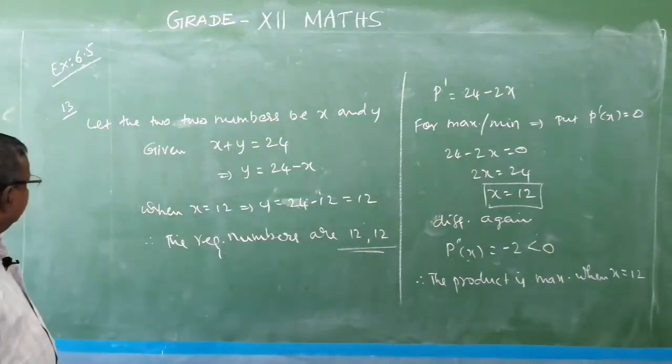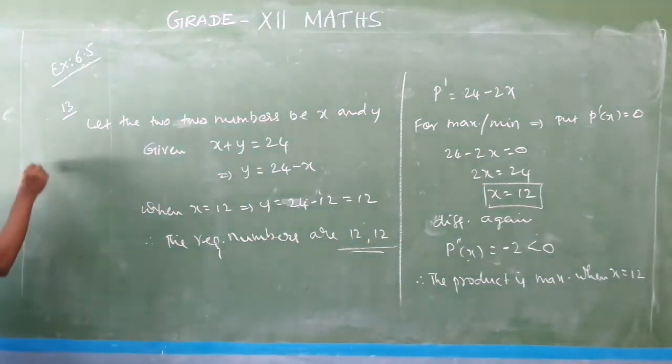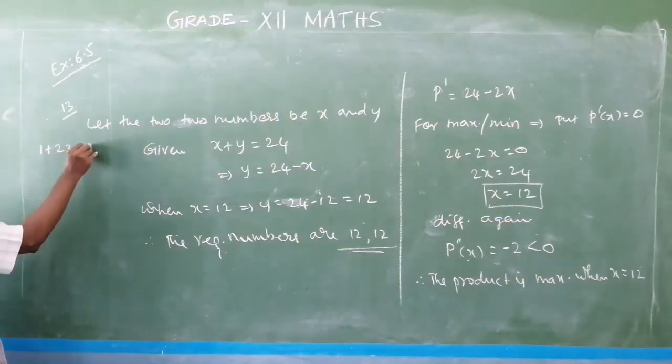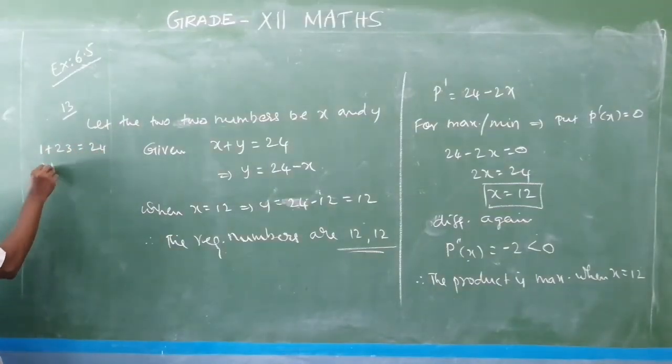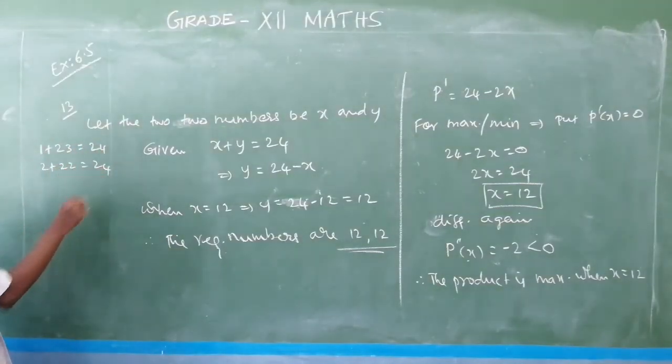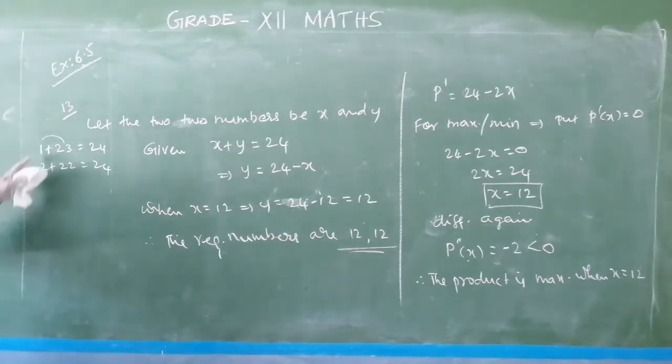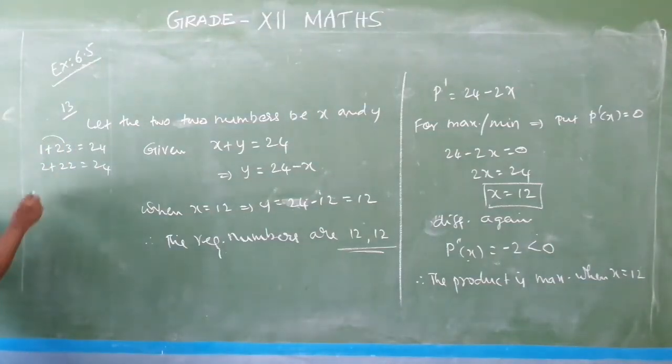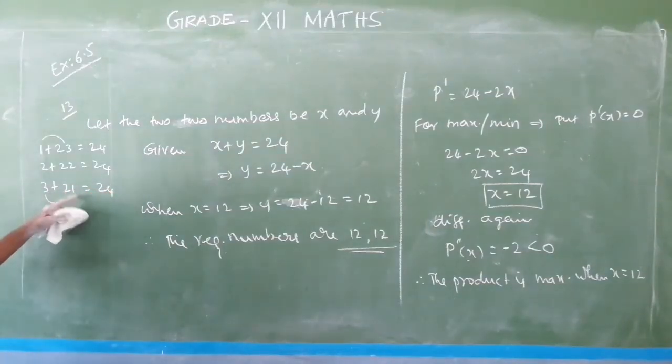Here, one thing you have to understand. Now, 1 plus 23 equal to 24, 2 plus 22 equal to 24, and the product of these two is 44. Likewise, 3 plus 21 is also 24, and the product is 63.